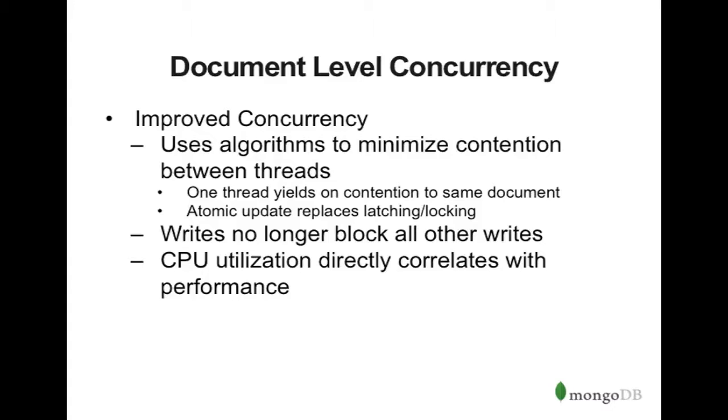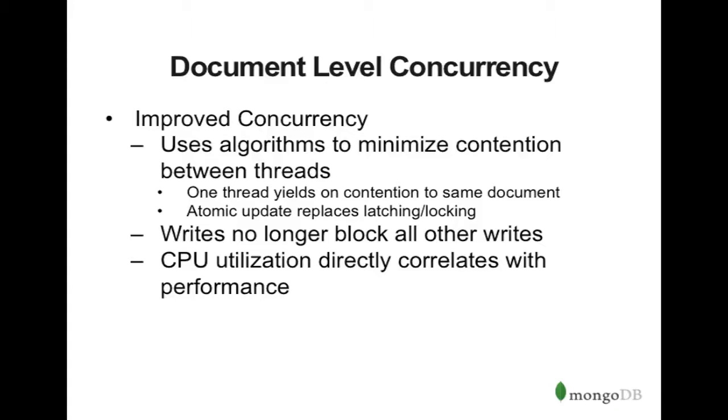And if I try to read or write to a document that is currently being written to, I basically wait in some queue-like system until that operation is done, and then I can apply my operations on that document. So writes no longer block all other writes, and writes no longer block all other reads unless they're being routed to the same document.